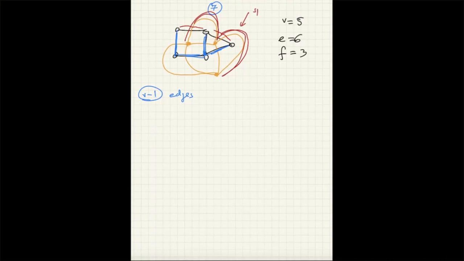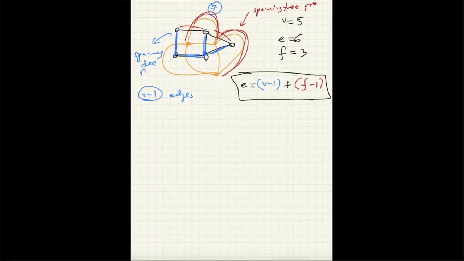So the red one is a spanning tree in gamma star, and the blue edges are a spanning tree in gamma. The total number of edges in the graph, E, splits between the edges in the spanning tree in blue, which is V minus 1, plus the number of edges in the spanning tree of the dual, which is F minus 1. That's the gist of that proof.